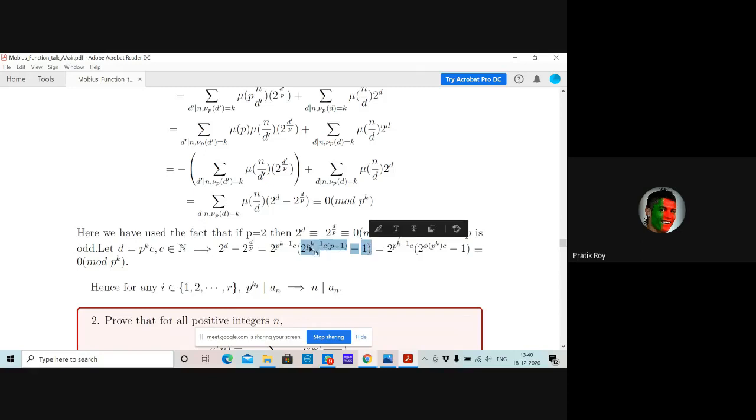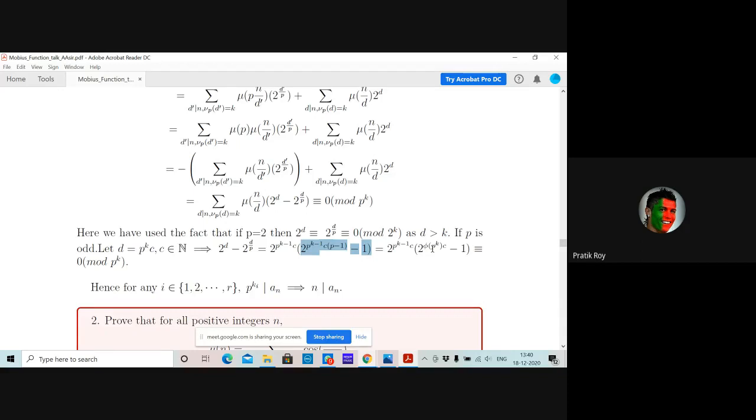And I can observe that this p to the power k minus 1 into p minus 1 is nothing but phi of p to the power k. So what I have is 2 to the power p to the power k minus 1 c into 2 to the power phi of p to the power k c minus 1. And I know from Euler's theorem that 2 to the power phi of p to the power k is congruent to 1. So 2 to the power phi of p to the power k, to the power c, will also be congruent to 1. So this one turns out to be congruent to 0 mod p to the power k.